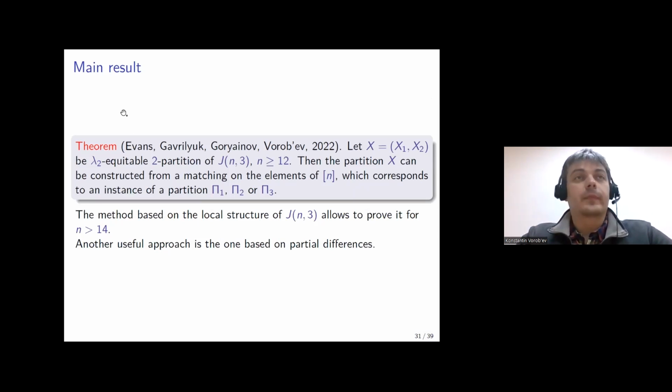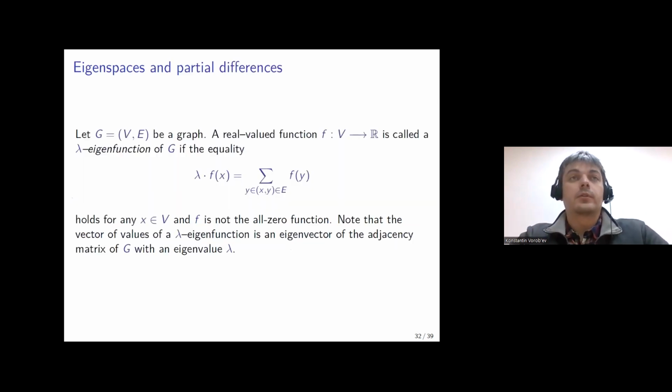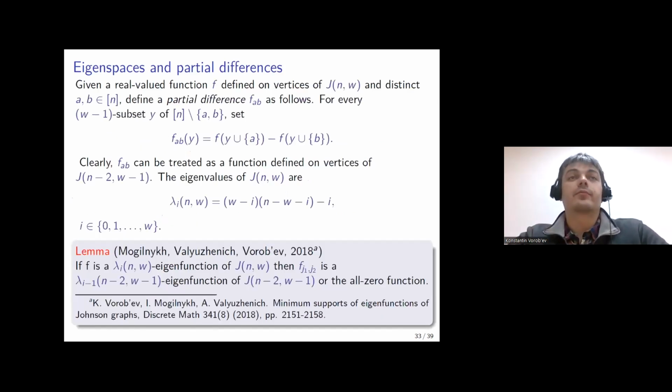And so let me talk about the second method, which is in some sense similar, and it is based on partial differences. Again, we see a definition of a lambda eigenfunction of our graph. So we know it. And the idea is to consider the following difference. If we have some real-valued function on vertices of a Johnson graph, we take two elements from our n-set and define the partial difference FAB as follows.